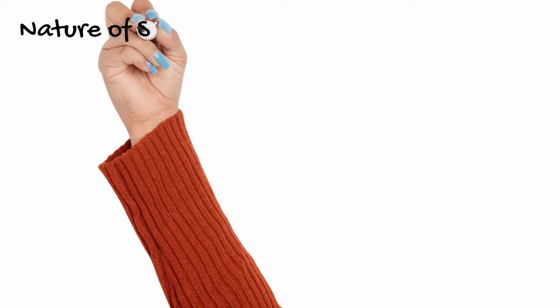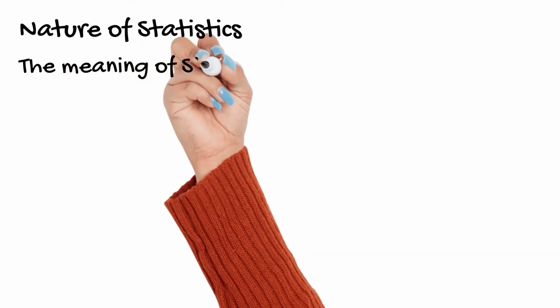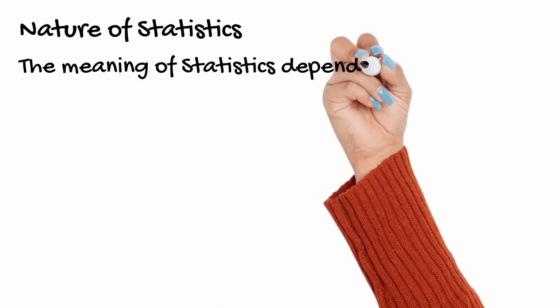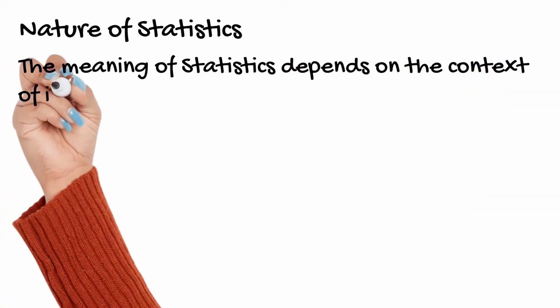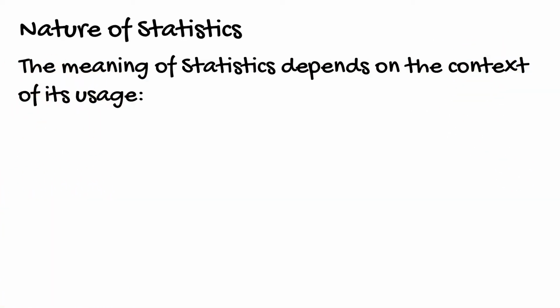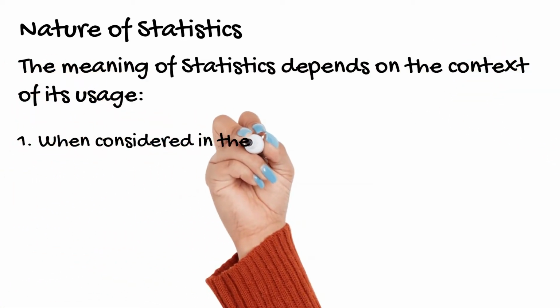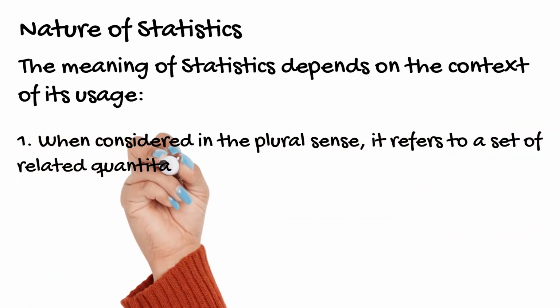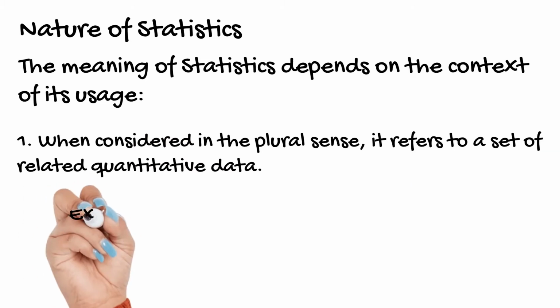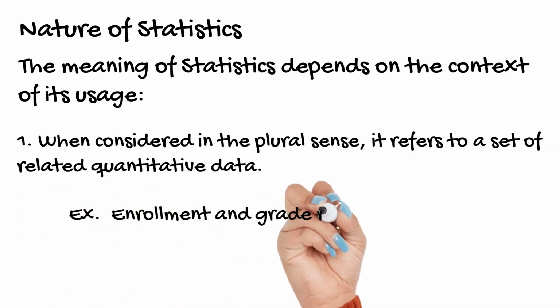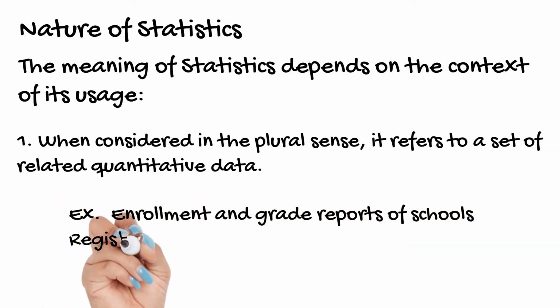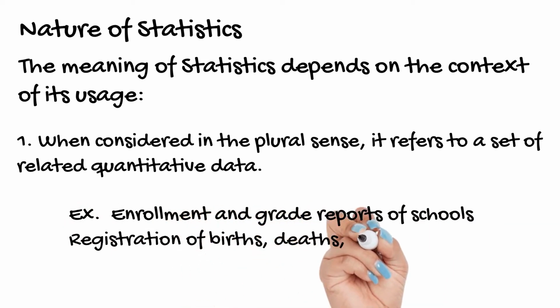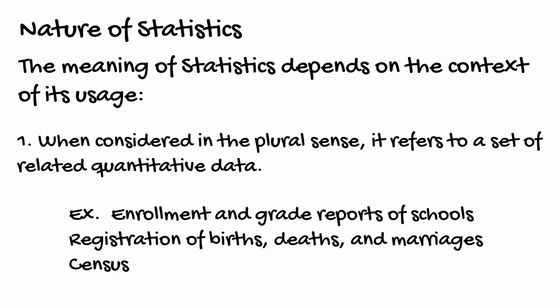Now let us discuss the nature of statistics. The meaning of statistics depends on the context of its usage. Number 1. When considered in the plural sense, it refers to a set of related quantitative data. For example, enrollment and grade reports of schools, registration of births, deaths, and marriages, or census.